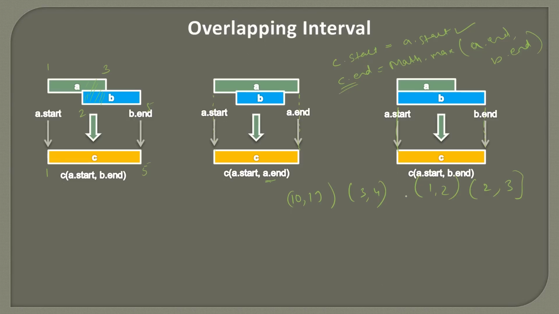So one thing we need to keep in mind is we have to first sort all these intervals based on their start time. Once we do that, this condition will come into picture that one of the intervals is starting before the other. And once we sort it based on the start time, all the intervals' start times will be in ascending order. So we can directly compare one with the other and see if they are overlapping with each other or not.